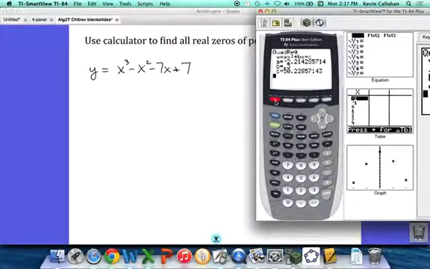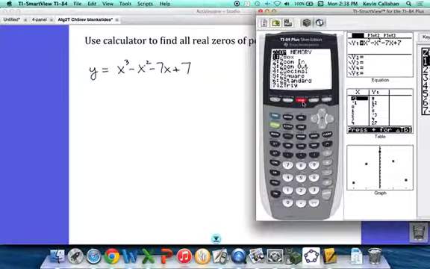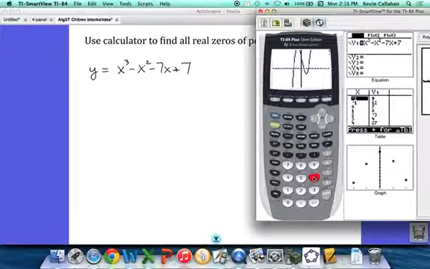So I go to the y equals and put in that function, x to the third minus x squared minus 7x plus 7. And look and see what you see.